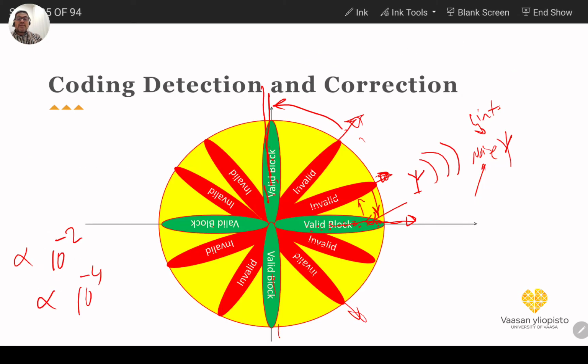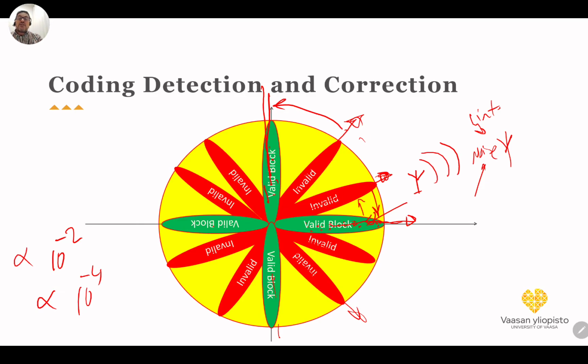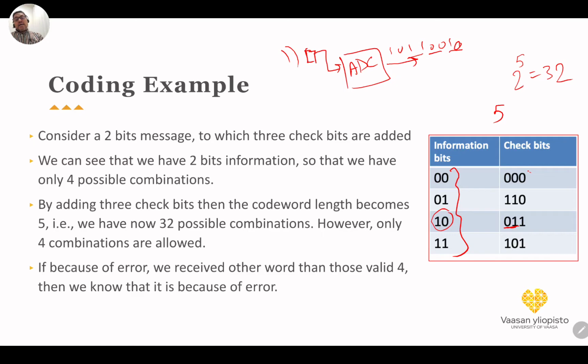So we don't make this valid block and add the second valid block here, for example. In this case, this will not work. This will be a very bad encoder. But anyhow, let us take it as it is now. So we have 5 bits, which means that we have 32 possible combinations, and only 4 of them are valid blocks.